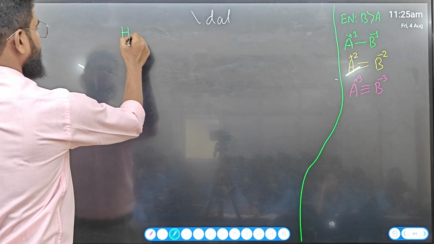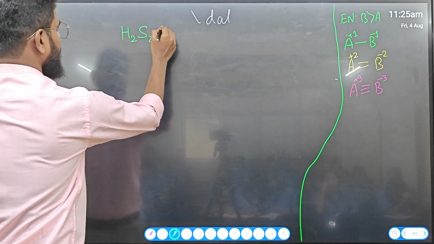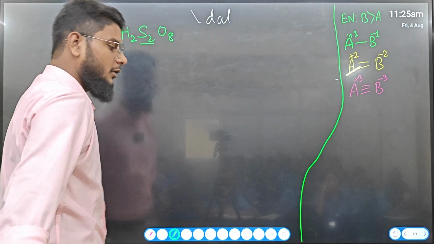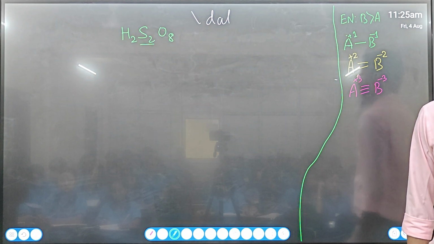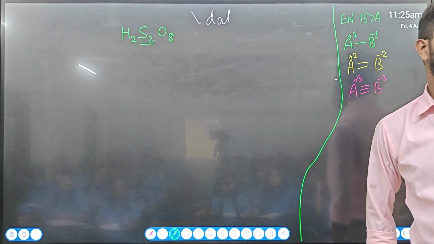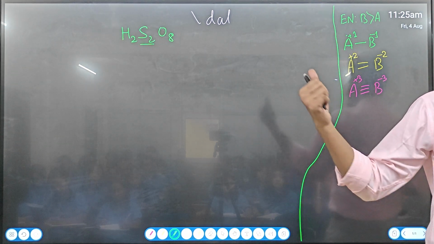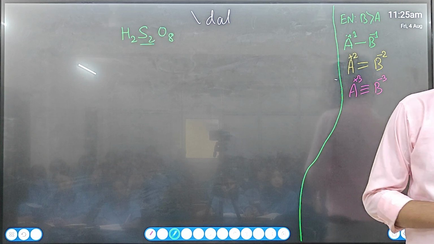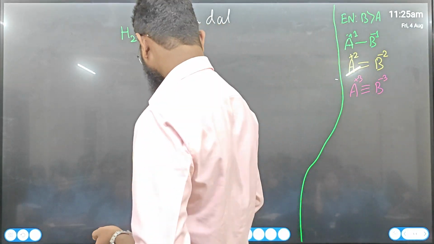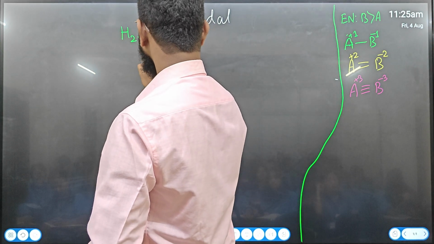You have H2S2O8. Tell me the oxidation state of sulfur here. What is the oxidation state of sulfur here? 7. So you guys are getting plus 7.